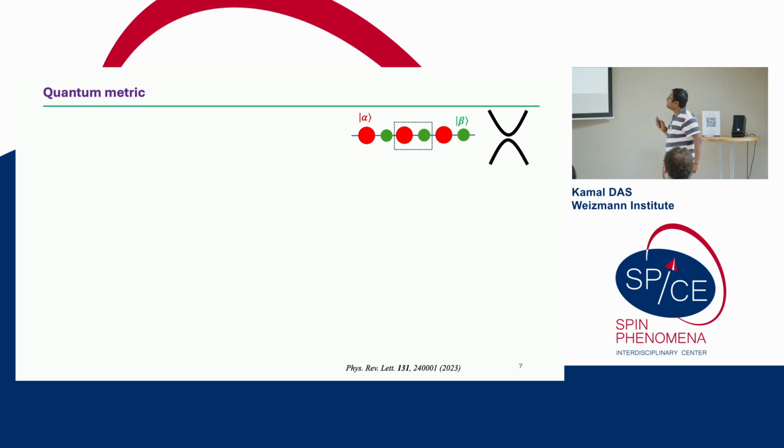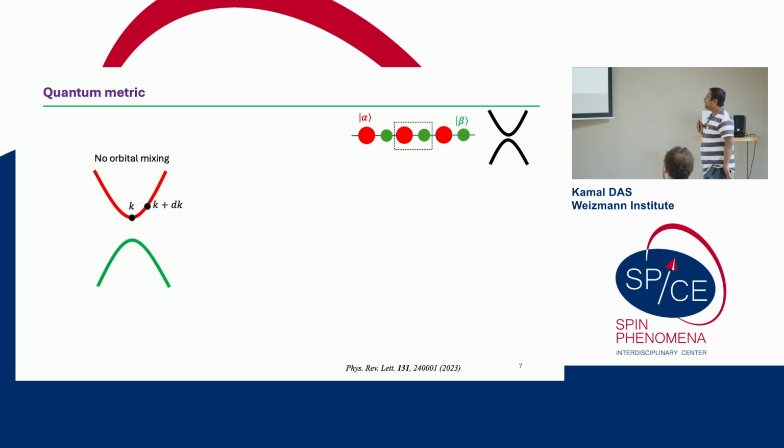To understand that, let's take an example of a 1D lattice with 2 orbitals. In that case, the system will have 2 bands. And now let's consider a system where there is no orbital mixing. So the orbital nature of the conduction band is very different from the orbital nature of the valence band. And you want to calculate the distance between the states k and k plus dk.